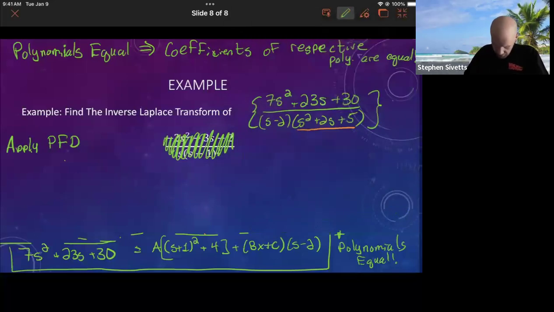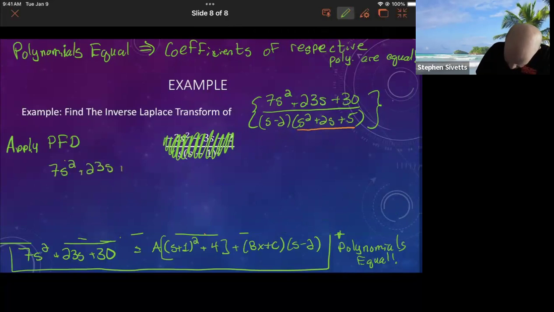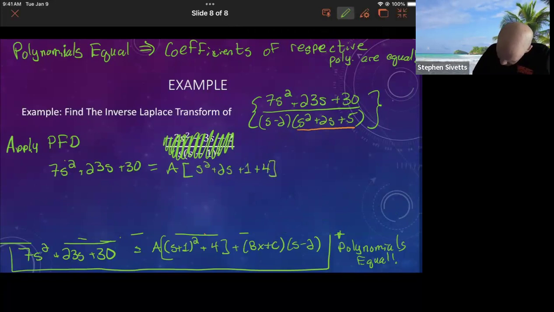So on the left-hand side, we'll have 7s squared plus 23s plus 30, and that will equal a times s squared plus 2s plus 1 plus 4, and then plus, okay, this is s, sorry.